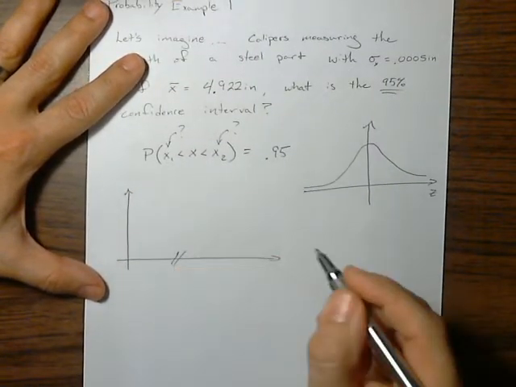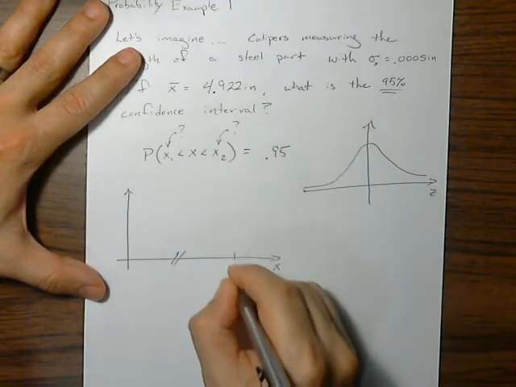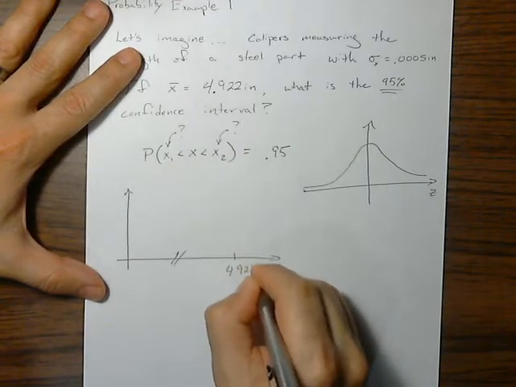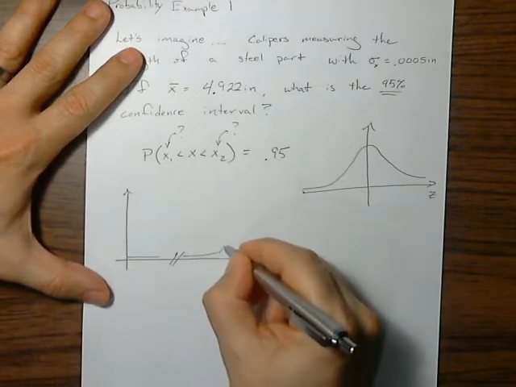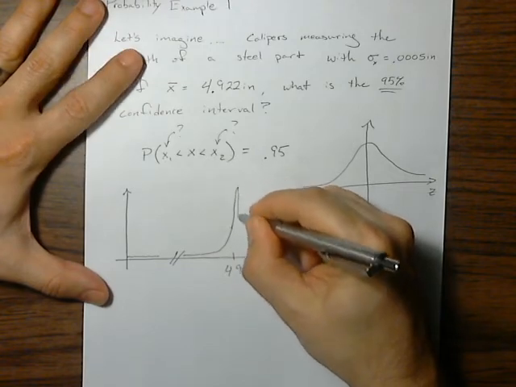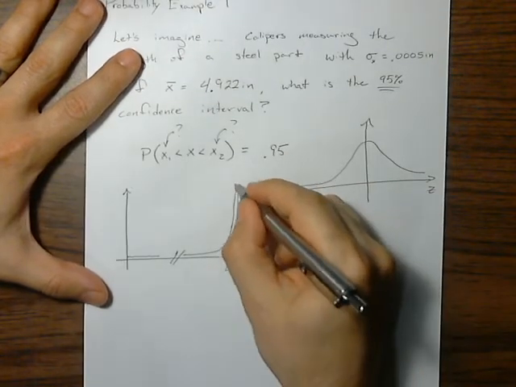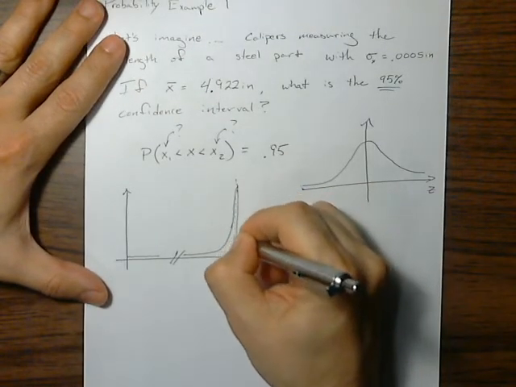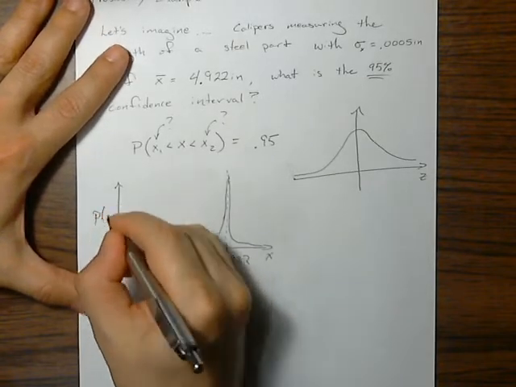So we've got to break the x-axis, because when we get way out here to 4.922, it's basically 0, and then wow, around a half a thousandth wide. There. So that's our probability distribution function.